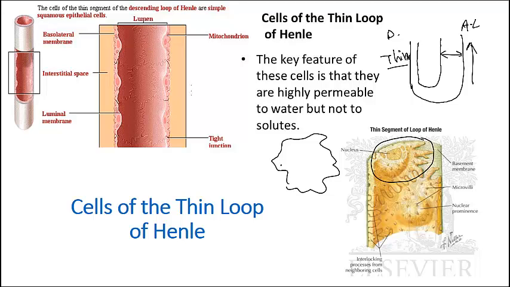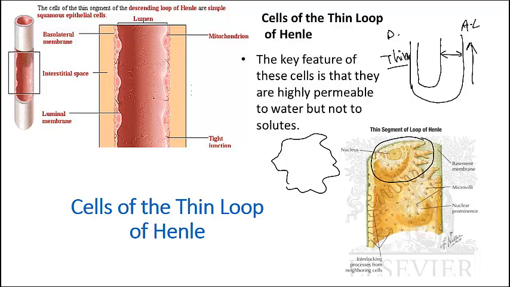They possess relatively few integral proteins and function mainly in the reabsorption of water, because solutes are generally unable to pass through these regions, as there are very few transmembrane ion transporters or other proteins.